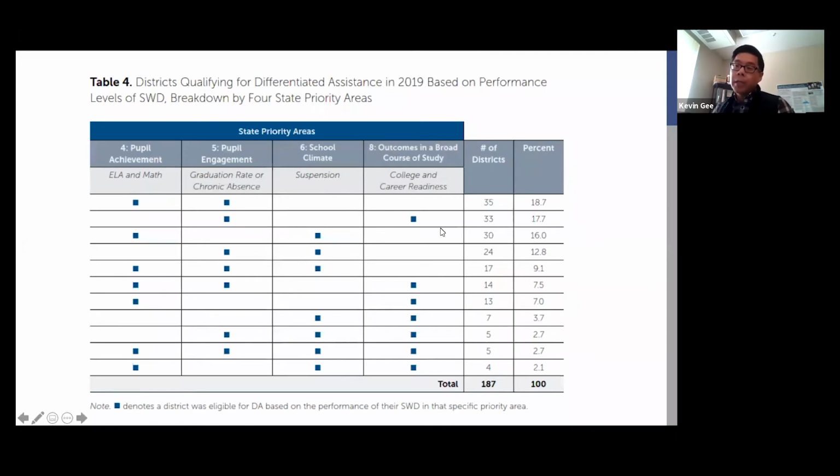So again, I think differentiated assistance helps shine a light on intersectional performance challenges of students with disabilities. It's not just pupil achievement that's driving assistance. It's pupil achievement plus other indicator areas. And in the policy brief that you have access to, I do an even deeper dive to look at the specific indicators underlying these state priority areas.